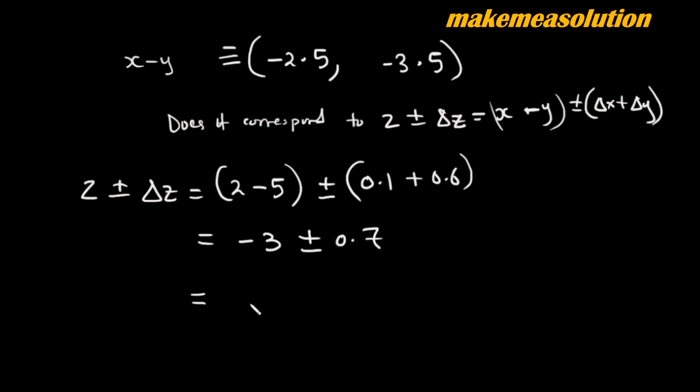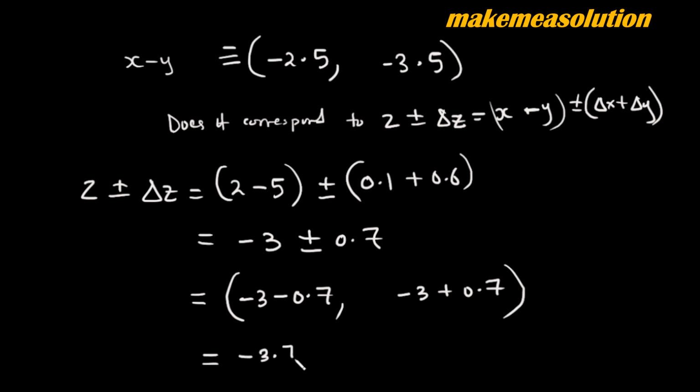So in range form, this will be minus 3 minus 0.7 to minus 3 plus 0.7. Now check this out. Minus 3 minus 0.7 should give me negative 3.7, and minus 3 plus 0.7 should be negative 2.3.